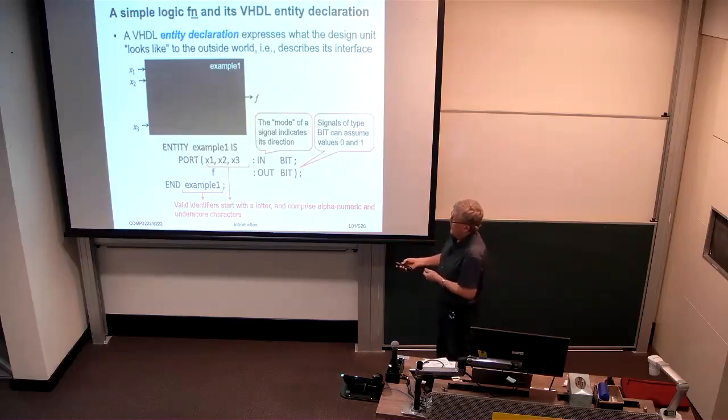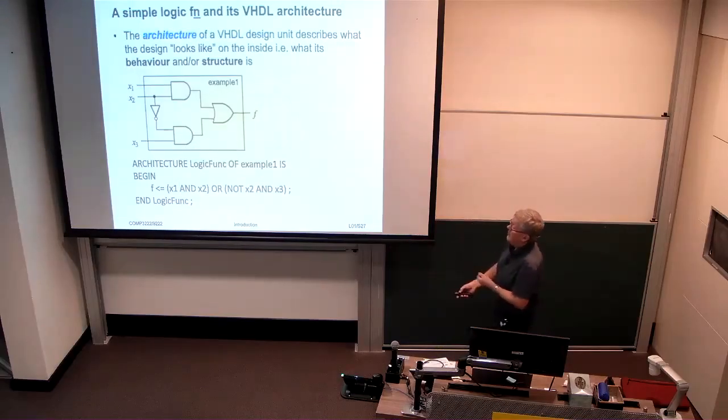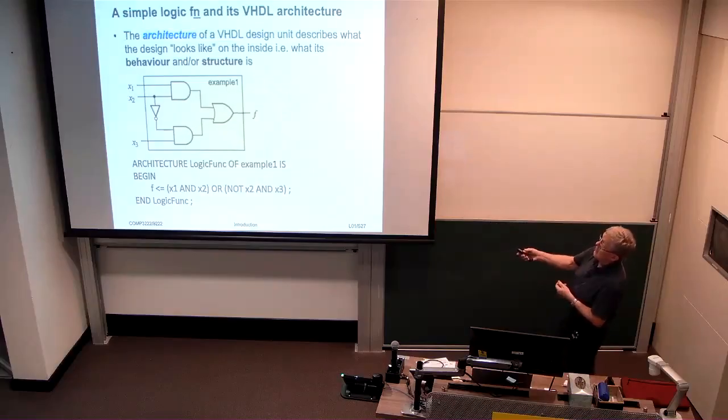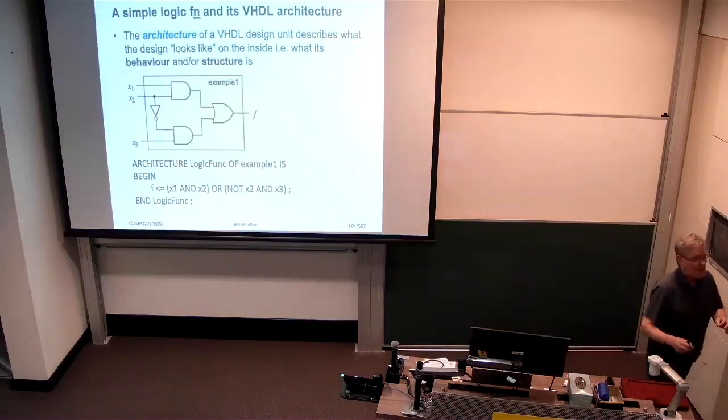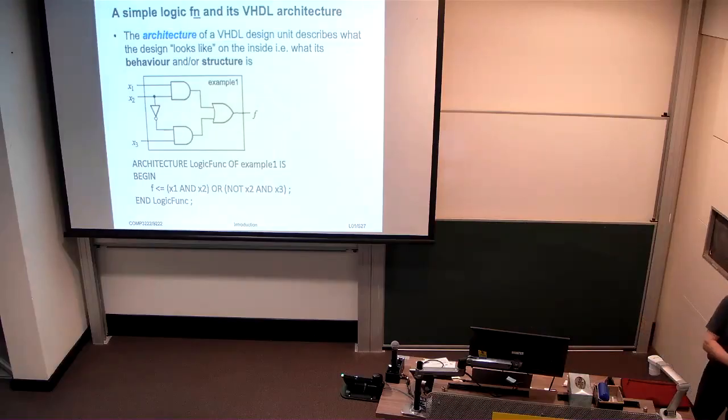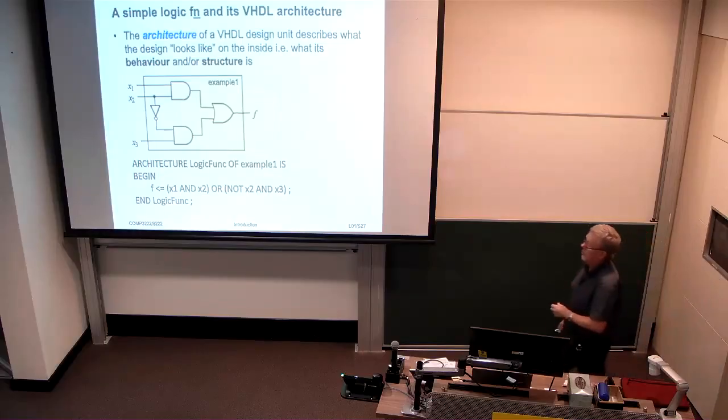Okay? Okay, that being said, let's have a look then at the architecture of a VHDL design, which describes either the structure or the behavior of what's inside the circuit here. And this here is actually a structural description because we can see that the output F is defined in terms of the inputs X1, 2, 3 via these logic gates, and they're wired up a certain way.